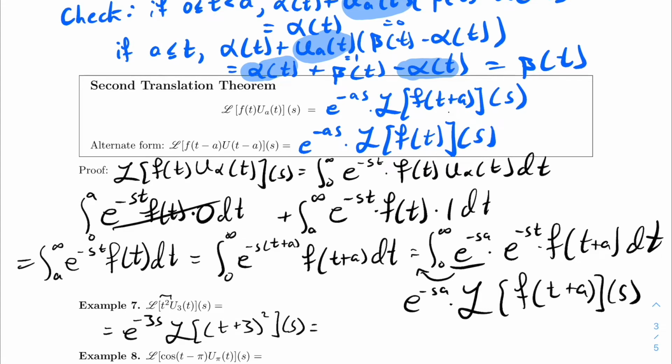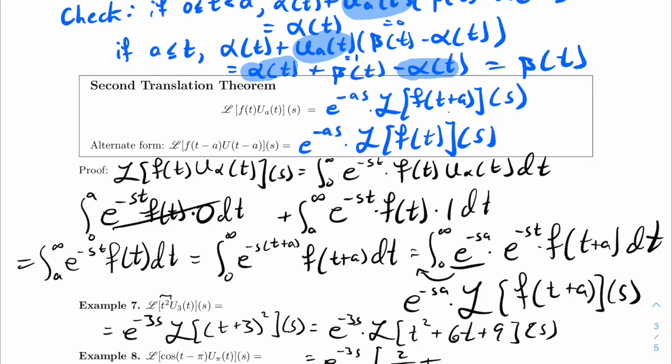All right. So this is e to the negative 3s times the Laplace transform of t squared plus 6t plus 9, which is equal to e to the negative 3s times, in parentheses, the Laplace transform of t squared, which is 2 over s cubed, plus 6 times the Laplace transform of t, which is 1 over s squared, plus the Laplace transform of just 1, which is 1 over s, so for 9 it's just 9 over s.